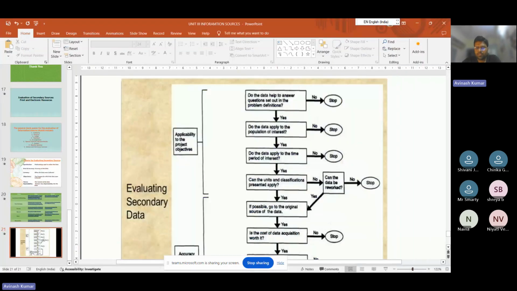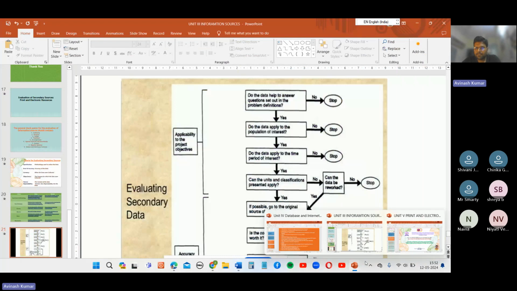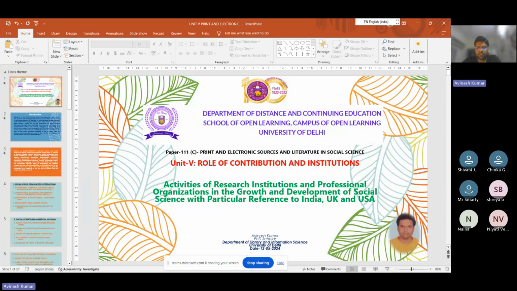The last unit is the activities of research institutions and professional organizations in the growth and development of social science with particular reference to India, UK and USA. This unit describes the contributors and institutions working in the field of social science.